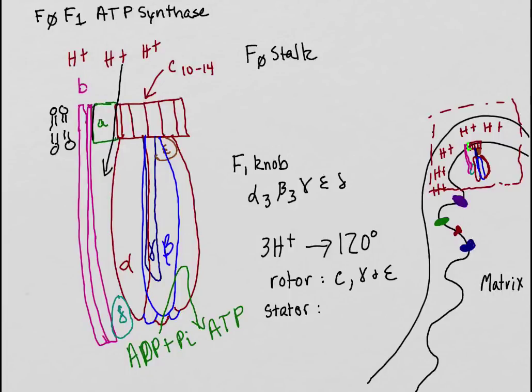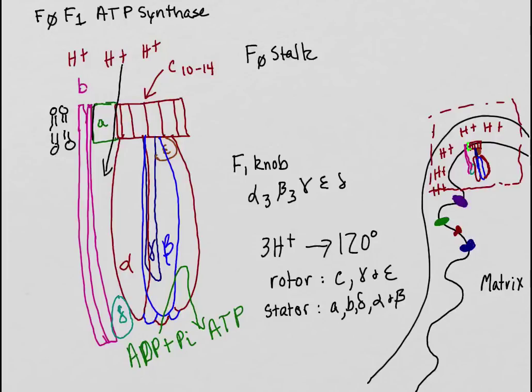And so that is, of course, our A, our B, our delta, our alpha, and our beta subunits. They all stay in one position, but the spinning of the rotor creates the conformational change between the alpha and beta subunits that are so important to making ATP.